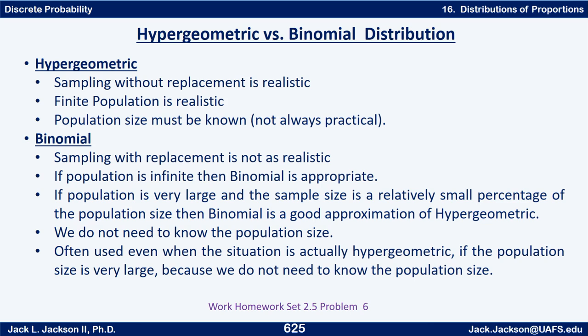So we really don't know how big the population size is. But it turns out it's big enough, and we're not going to sample anywhere near a large fraction of that population, so a binomial is going to be great for working in a situation like that. Even though technically it's still hypergeometric, practically a binomial is plenty good enough.